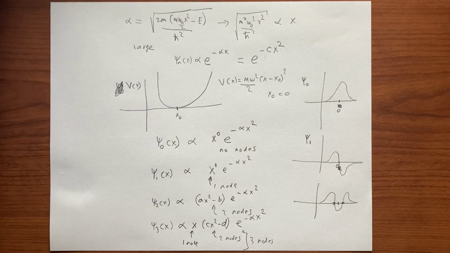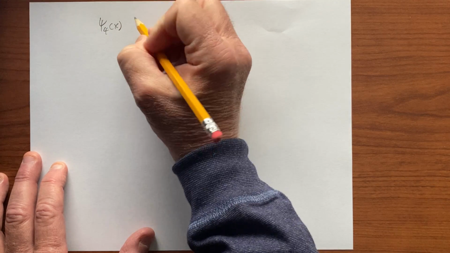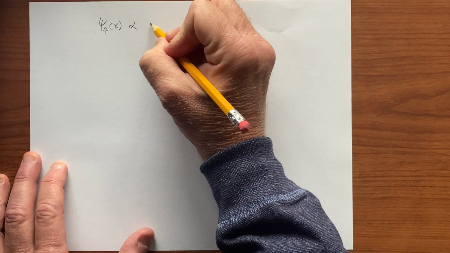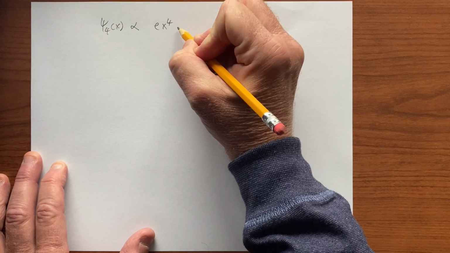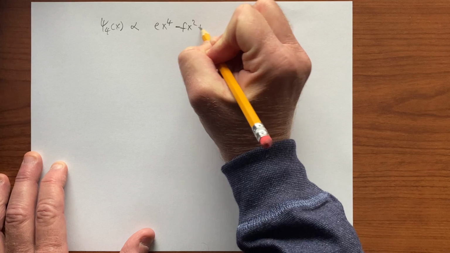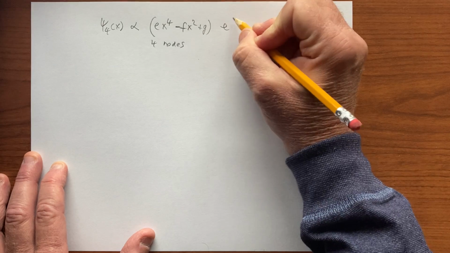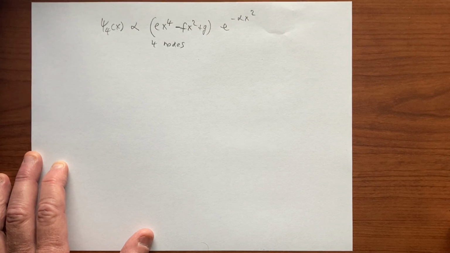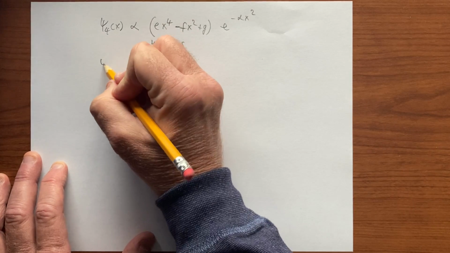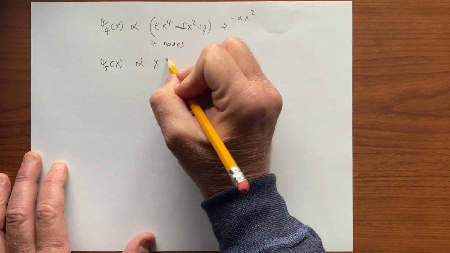Let's try to go a little further. Psi 4 of x is now proportional to e x to the fourth minus f x squared plus g. This gives me 4 nodes, and then I have the e to the minus alpha x squared. Psi 5 of x is now this kind of thing times an x.